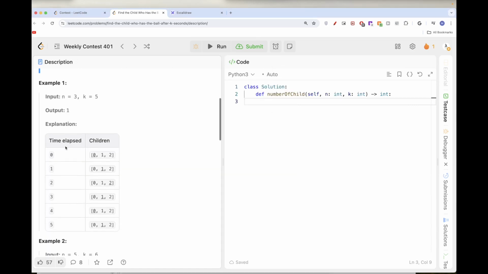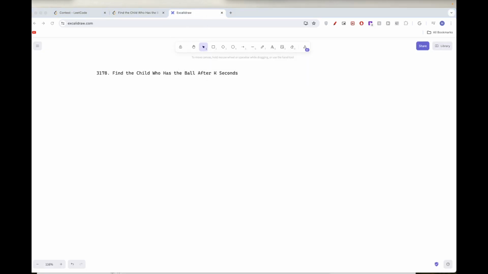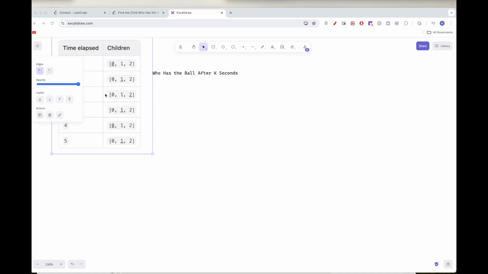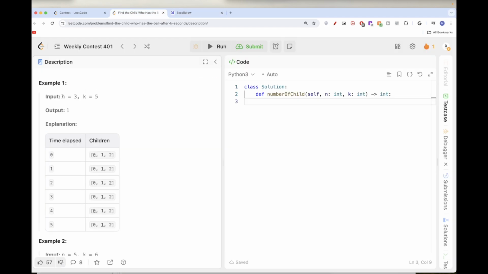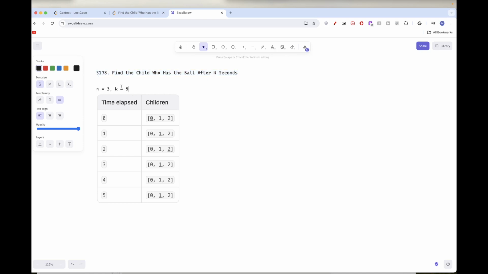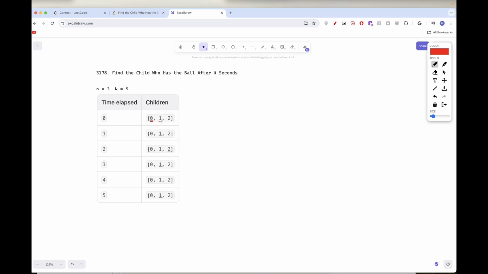Well, a couple of things to notice first. Let's just bring them up here. The first thing to notice is, what's the length of each round? By round I mean we go left and then go right. So if you take the first example here where n is equal to 3 and k equal to 5, you can notice something here. The first round, we start from 0, so it starts at 1.